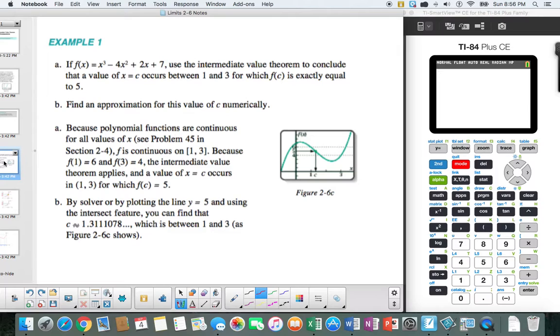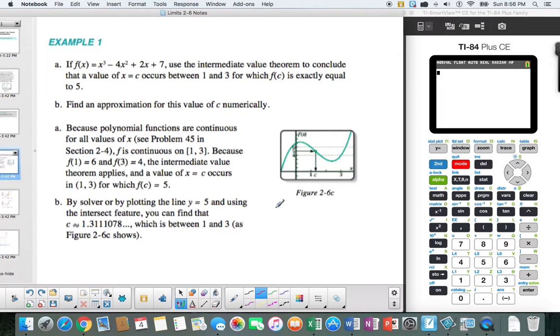All right, let's take a look at an example where we have a cubic function again, and we want to use the intermediate value theorem to make a conclusion about whether there's an x value that goes with the number 5.